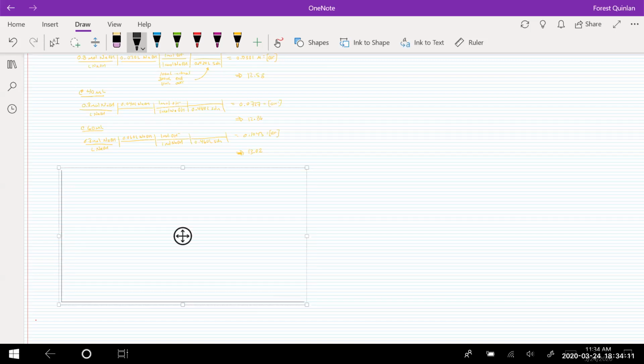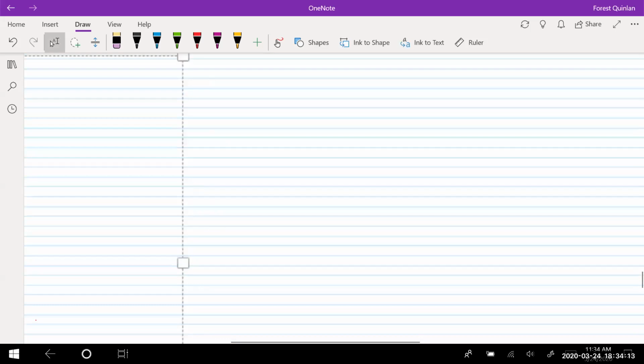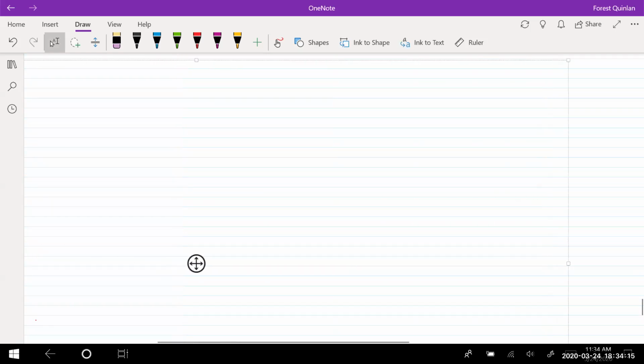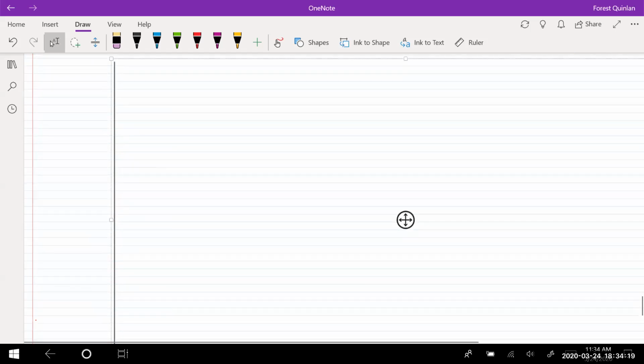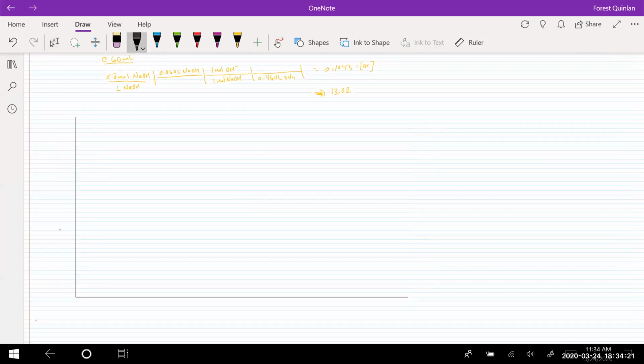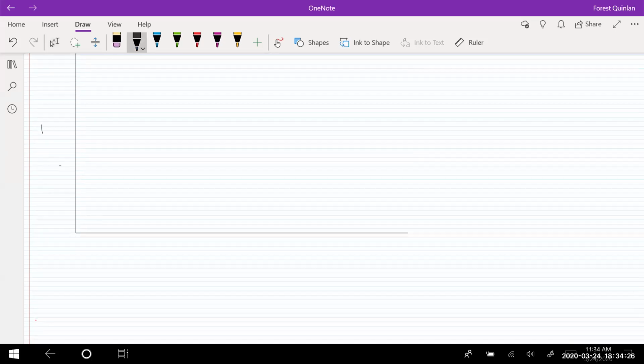Okay. So now we need to actually get our scales going on here. So here we have our pH and our volume of base.